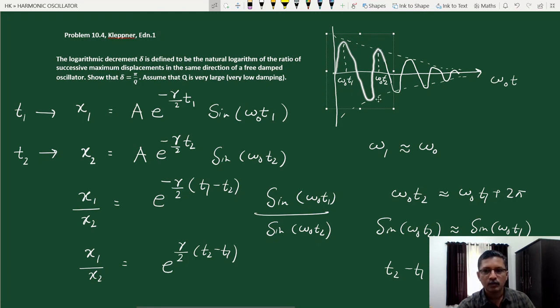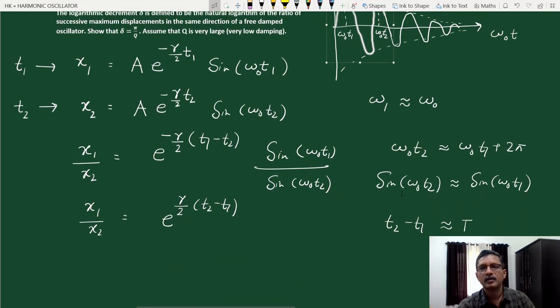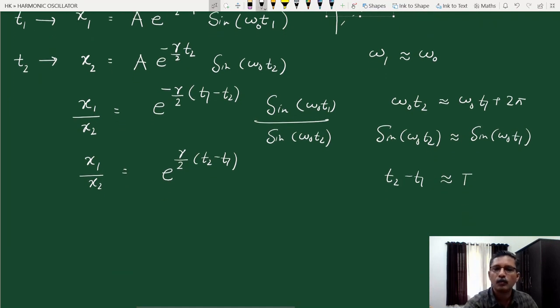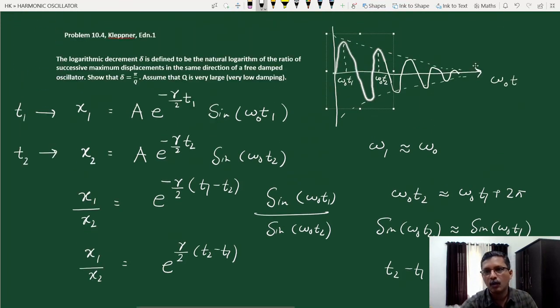Exactly, t2 minus t1 is the time period of the damped oscillator, and this may be different as the oscillation proceeds.